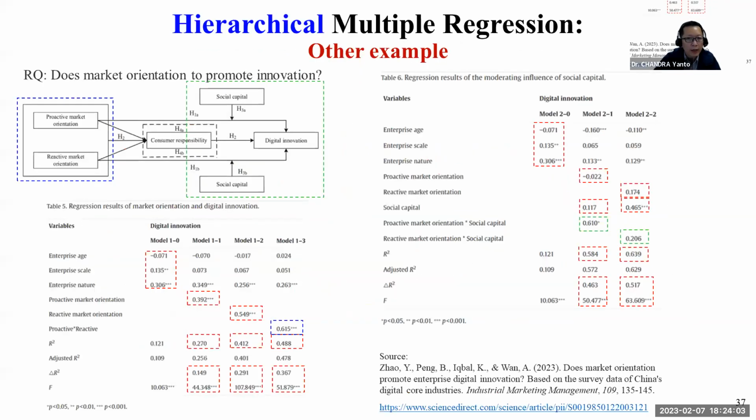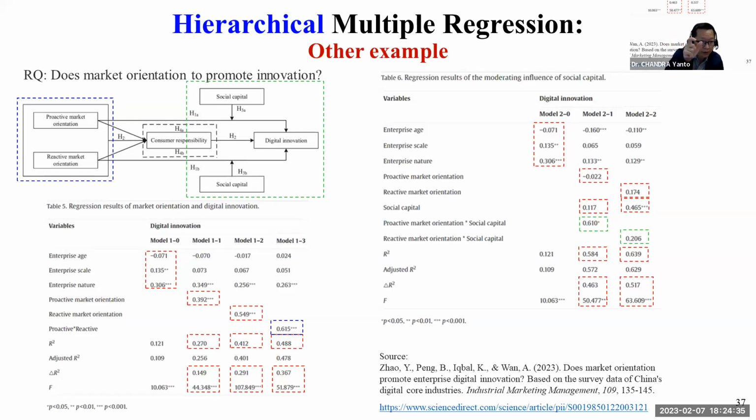And this is another study from a paper that I found is quite interesting. They have quite a complicated model to test. Remember, use hierarchical regression because you have a theory. So they want to test this. Look at table 5 down there. First they control for 3 variables: enterprise age, scale, and nature. That is the key that they want to control. And the part that they're interested in is the proactive market orientation for model 1.1 and the proactive-reactive market orientation for model 1.2.